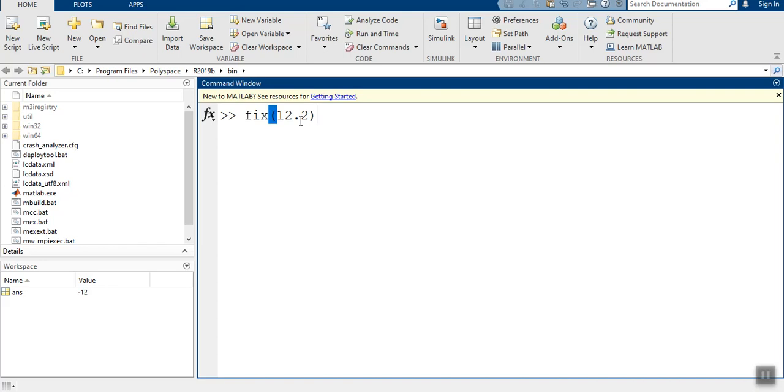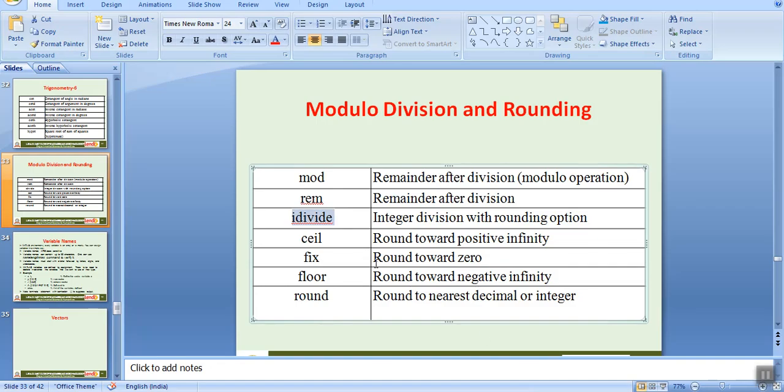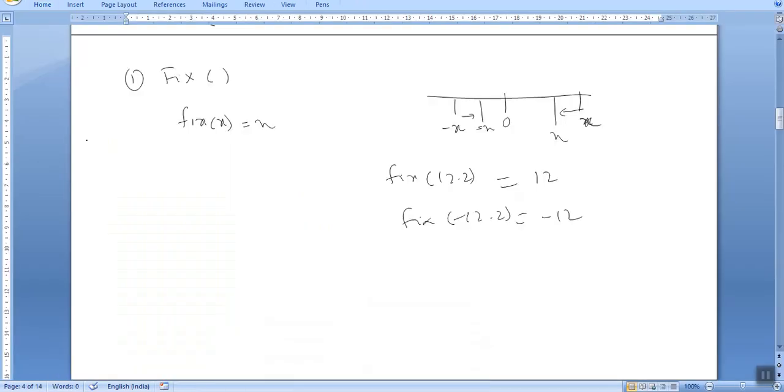Fix 12.2 is 12. In the similar way, fix minus 12.2, the nearest integer towards 0 is minus 12. That is the fix function: rounding towards 0. This is a very simple function.